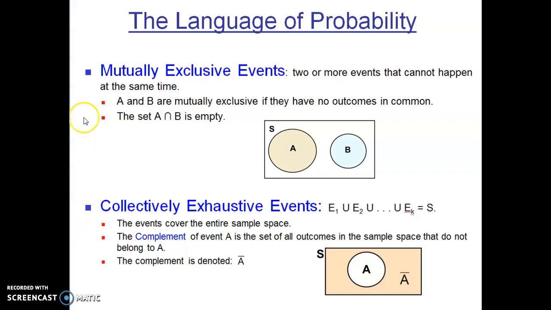Next, let's talk about mutually exclusive and collectively exhaustive events. Events are considered mutually exclusive if they cannot happen at the same time. In our Venn diagram, it means that event A is a separate bubble from event B, no overlap. Another way of putting this is the intersection of A, B is empty. There isn't one.